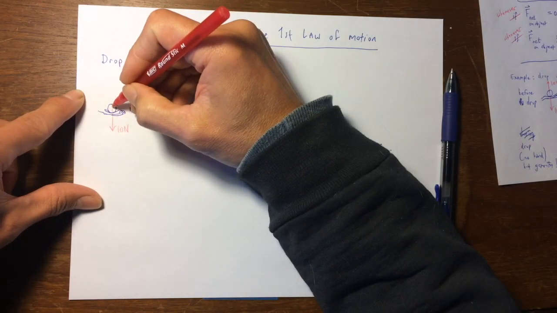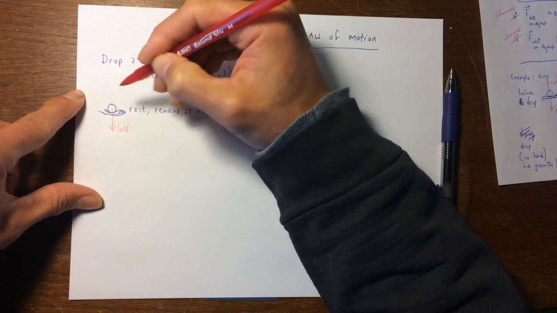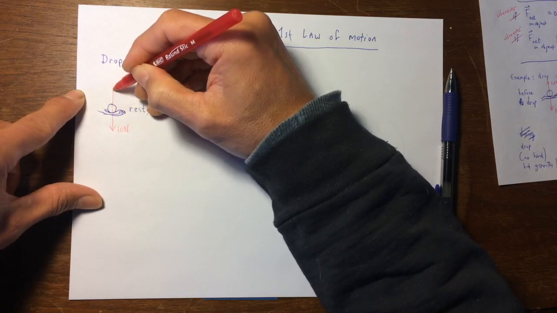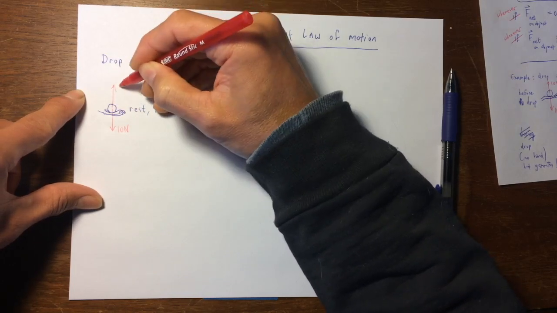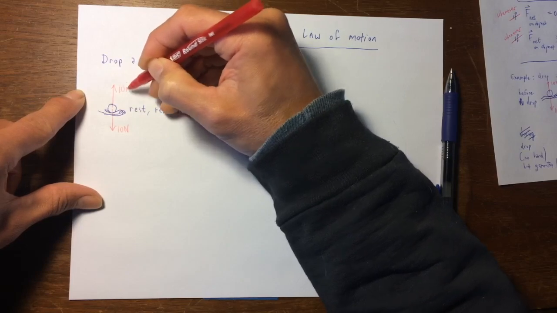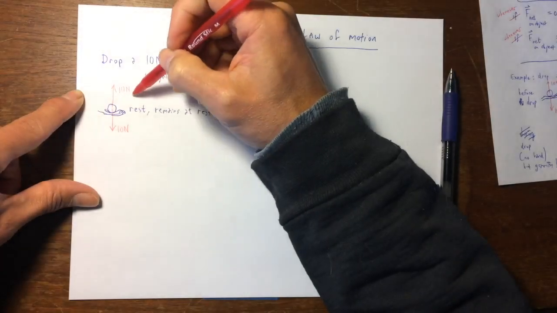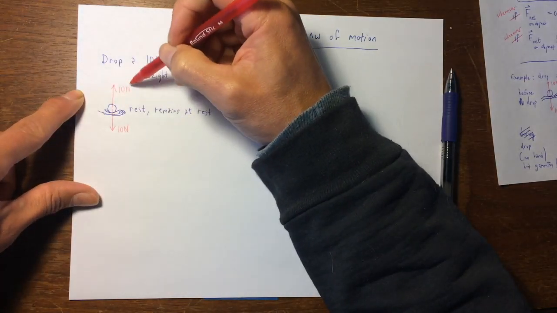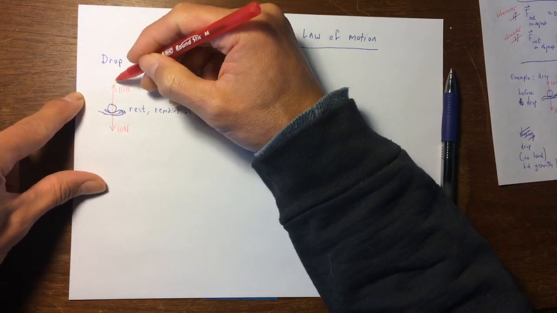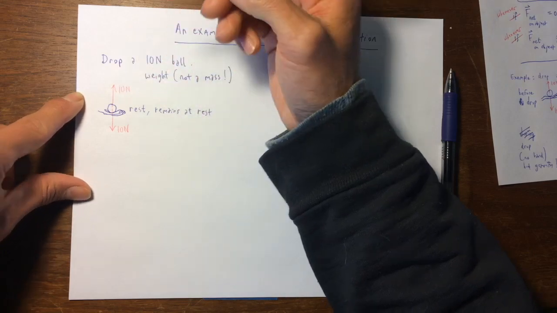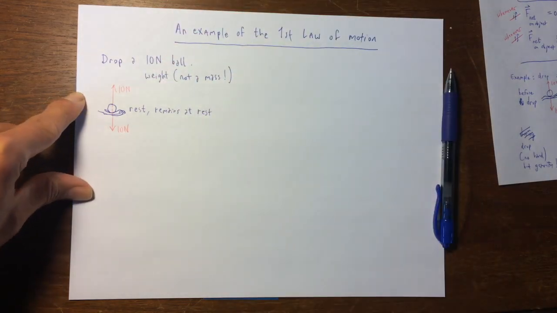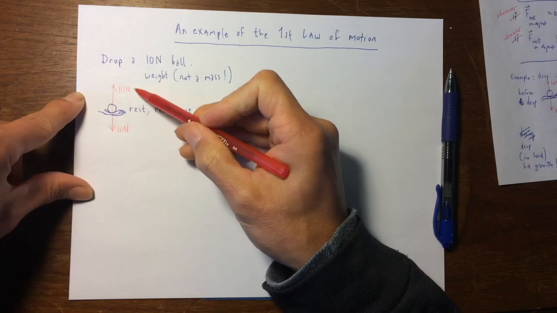But the hand is also supplying another force, pushing up on the ball, right? So you have to support the weight of the ball, or hold the ball up. Sometimes people call this a normal force, or a support force.